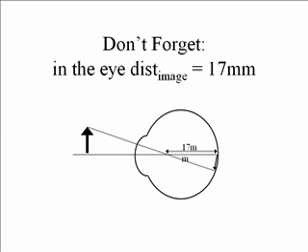And by the way, the height and the base of the triangle don't have to be given in the same units. You can still solve it. What you don't know is what the base of the triangle is inside of the eye, and I'm telling you now it's 17 millimeters. Is it always 17 millimeters in real life? Of course not. But for the purpose of calculating for optics problems, you're going to use the value of 17 millimeters.